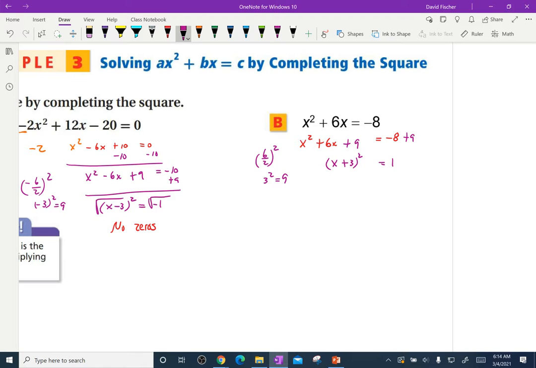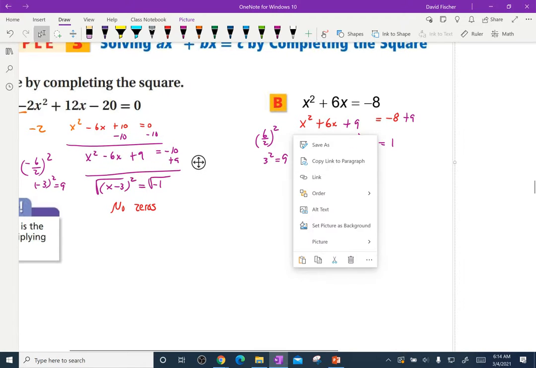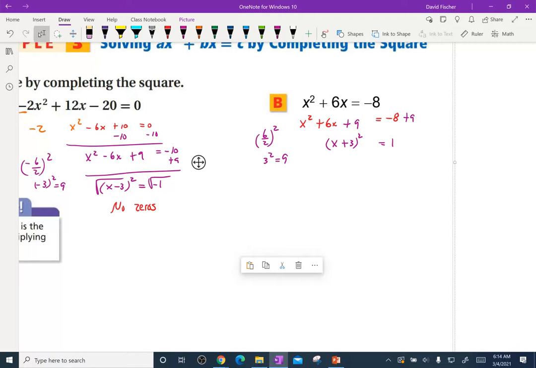squared. Again, if I took x plus 3 times x plus 3, I'd get that whole quadratic amount right up there. All right, so now let's go ahead and solve it by taking the square roots of both sides. Square root of 1 is 1. Let's write the equation twice.